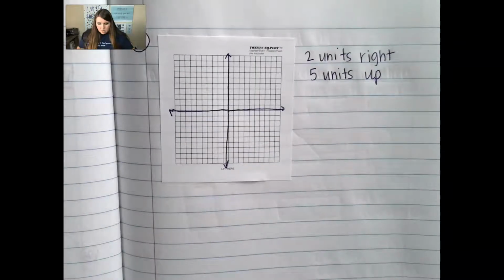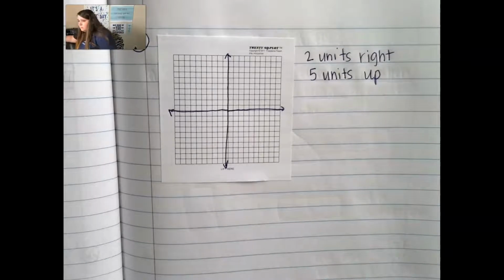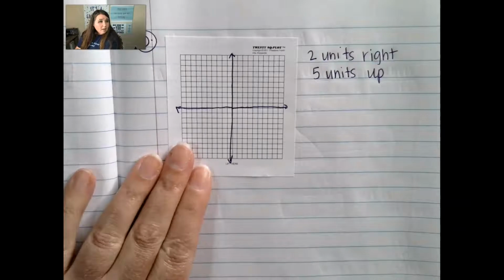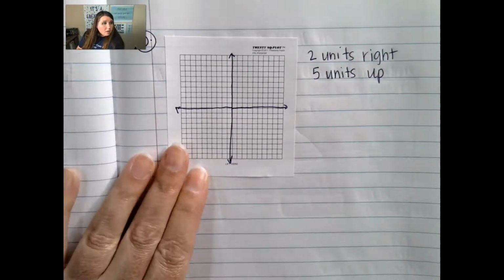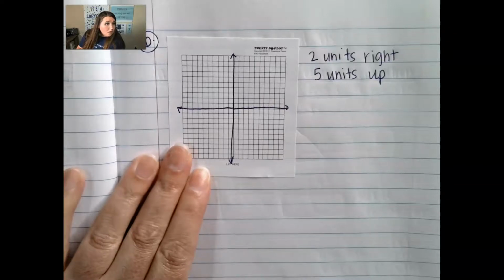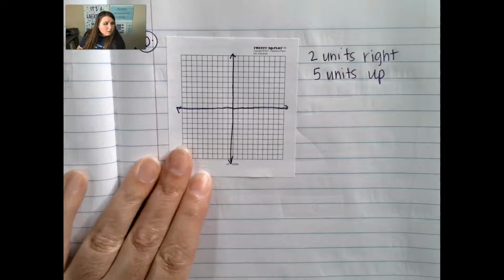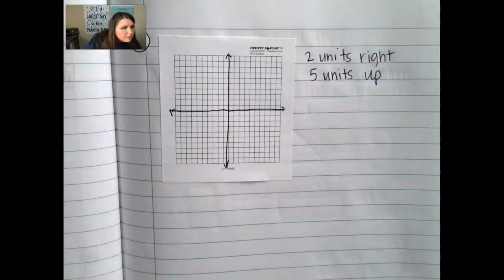So we're going to start with our first. Do I have a red? There's my red. All right, so the first point, point A, is located at... what is that located at?